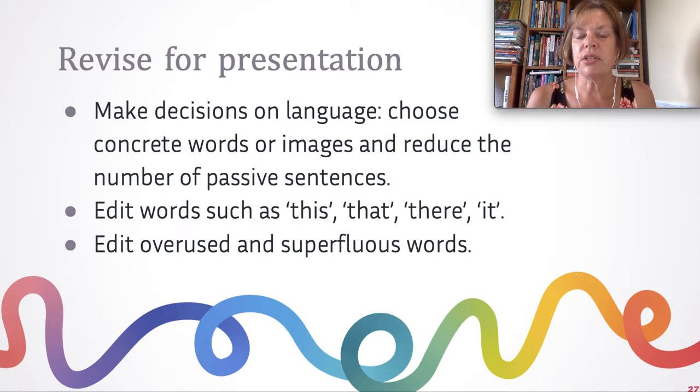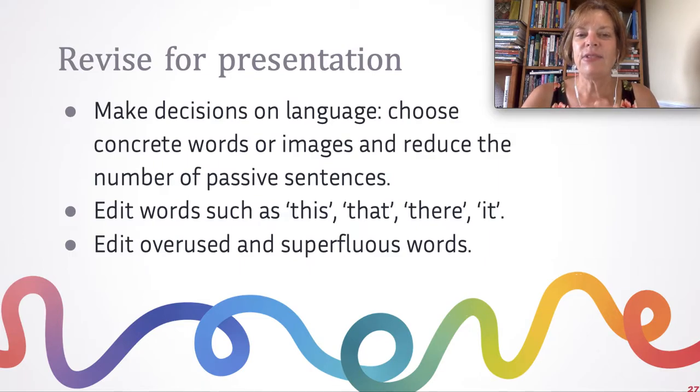So in the introductions and the conclusions, you might want to make your language much more active and stronger, whereas in other parts of the paper, you might want to use a bit more caution. So think about your words, not just the spelling and the grammar.